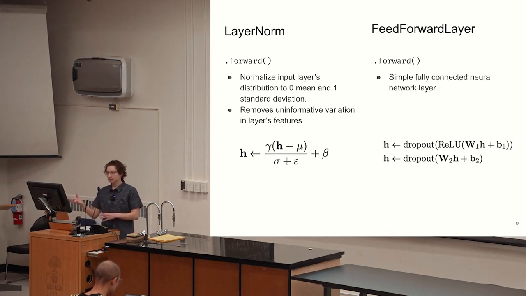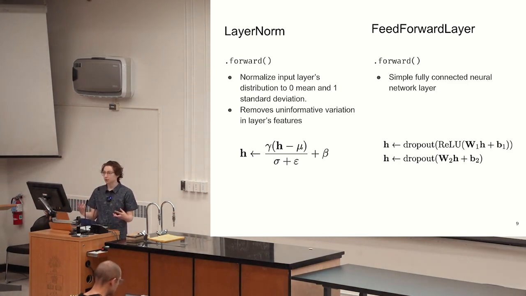Okay, the next one is another one that should be fairly familiar if you've taken neural networks courses in the past. Again, you're just implementing the forward method, and it's a simple, fully connected neural network layer, and we've specified each of the pieces here that you need to do.